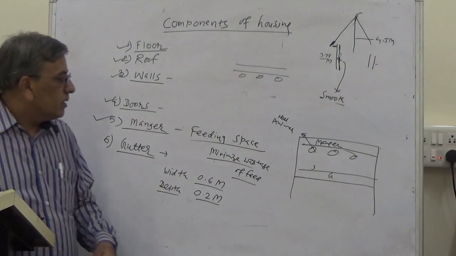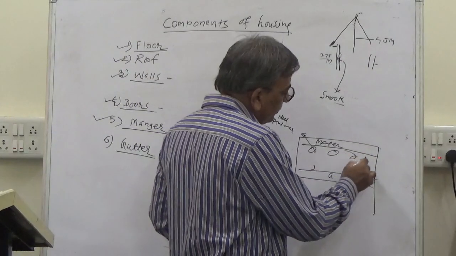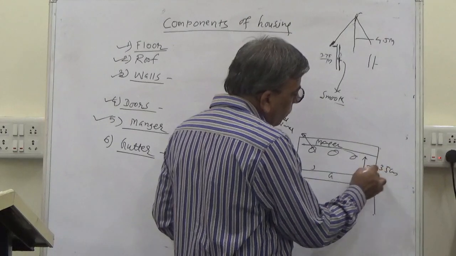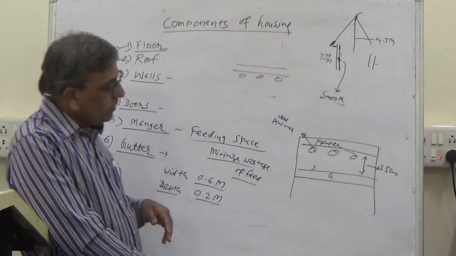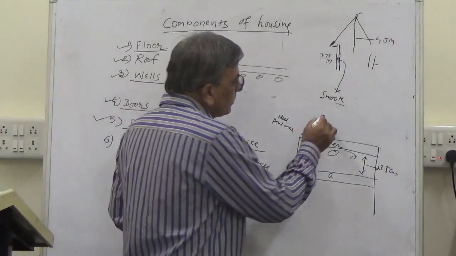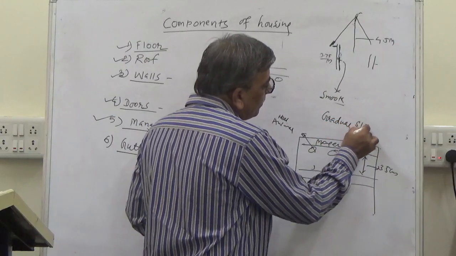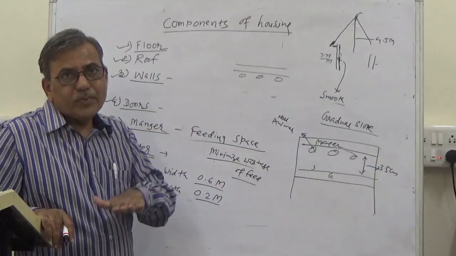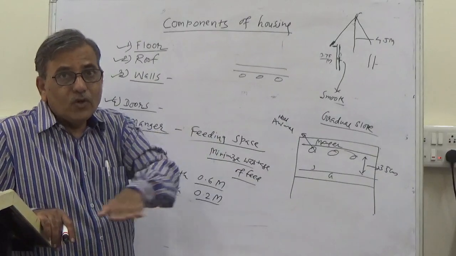And the slope which we have discussed from manger to gutter, 3.5 centimeters, should be gradual. Gradual slope means all of a sudden the slope is not there; it is gradually lowering down.